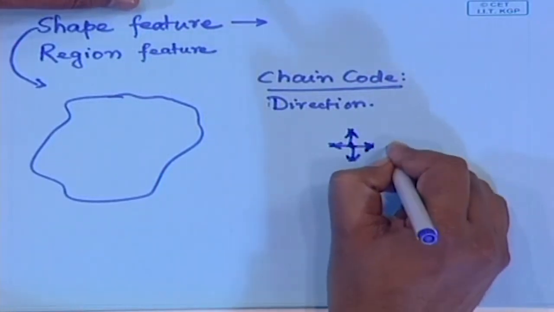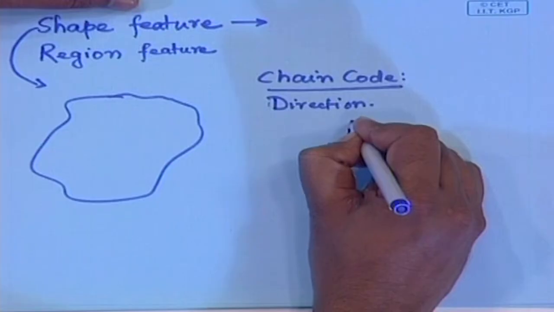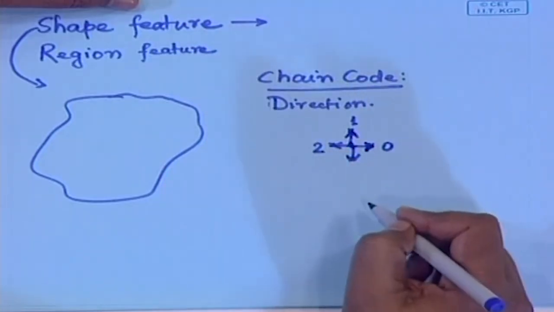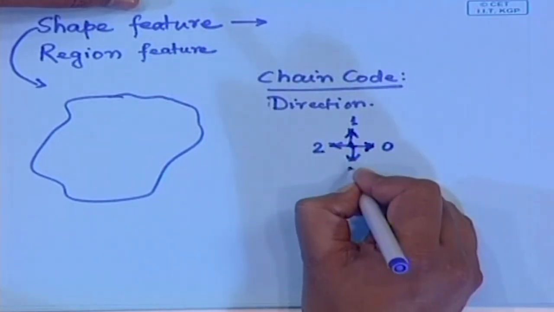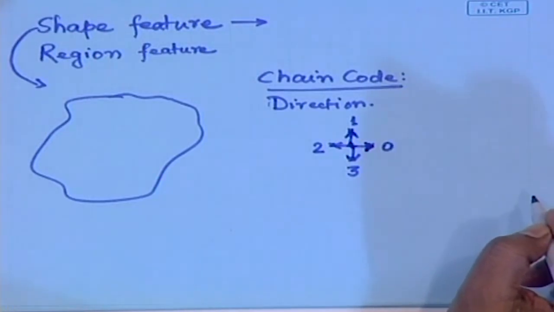So I code east as direction 0, north as direction 1, west as direction 2, and south as direction 3. Every direction is now coded as 0, 1, 2 or 3, which gives me all 4 possible directions in which I can move following 4 connectivity.